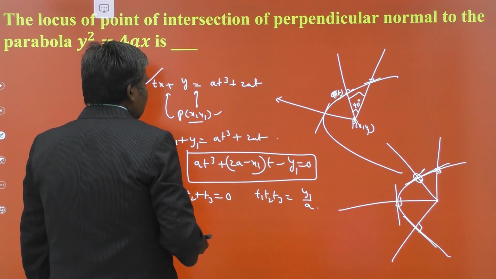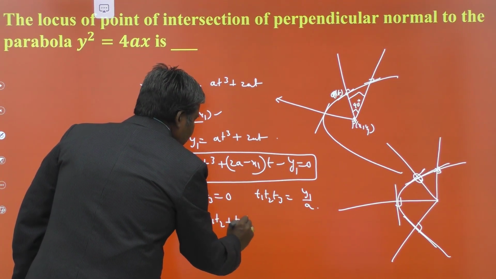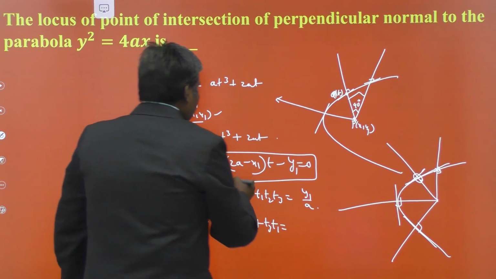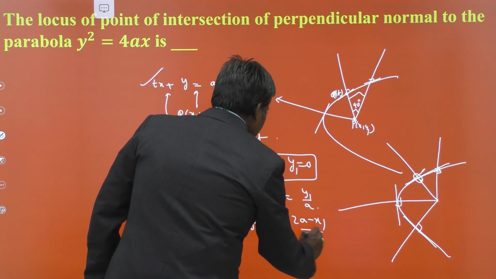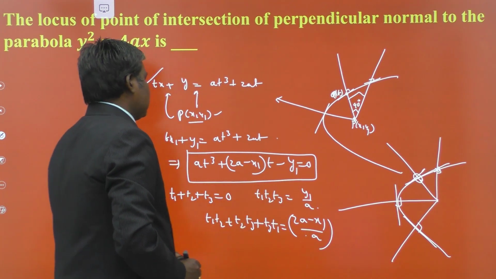The product of the roots t1 t2 t3 = y1/a. And the sum of the products of the roots taken two at a time, t1 t2 + t2 t3 + t3 t1, is (2a - x1)/a. This is S1, this is S2, this is S3.